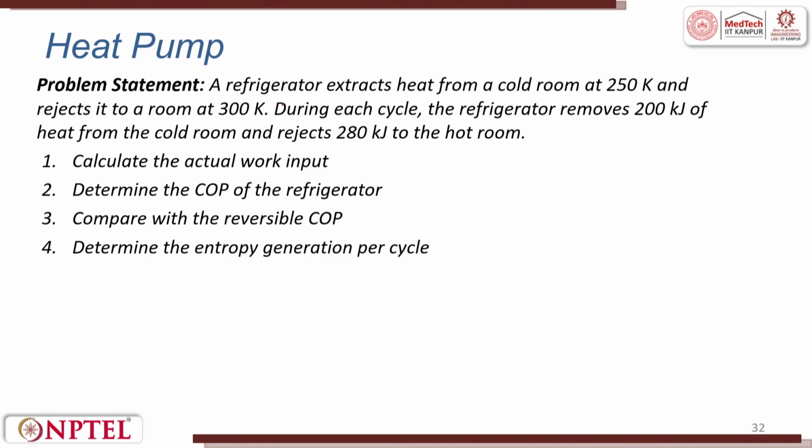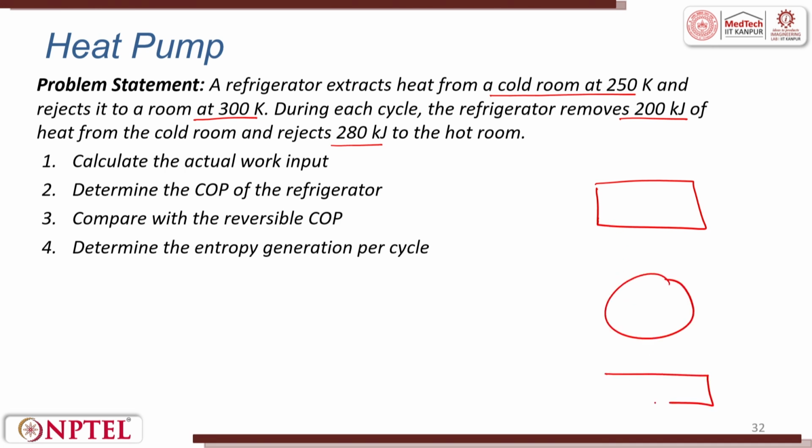A refrigerator extracts heat from a cold room at 250 Kelvin and rejects it to a room at 300 Kelvin. During each cycle, the refrigerator removes 200 kilojoules of heat from the cold room and rejects 280 kilojoules to the hot room. So just to draw the heat pump once again here, we have the sink and source.